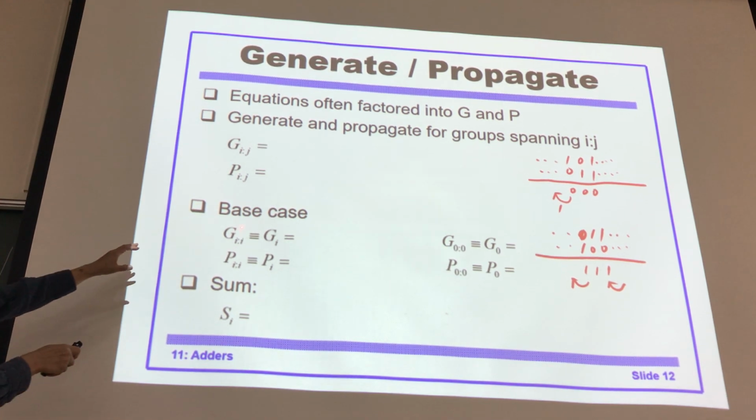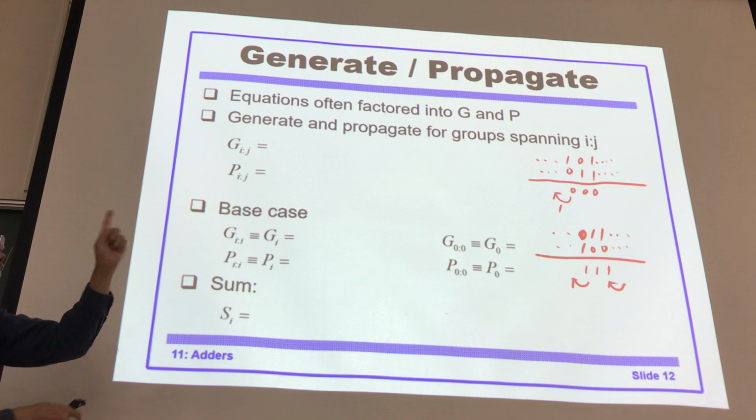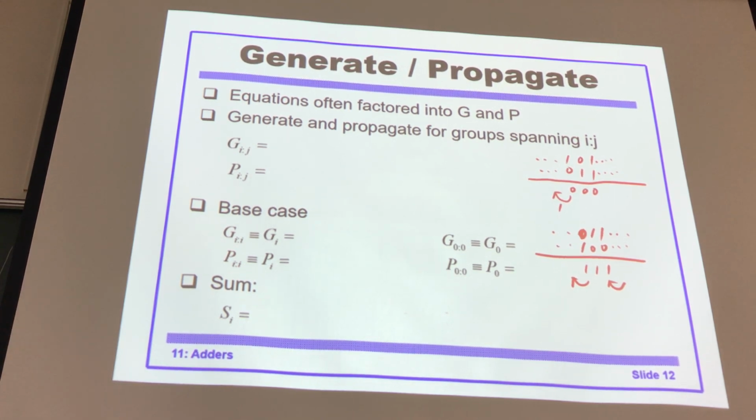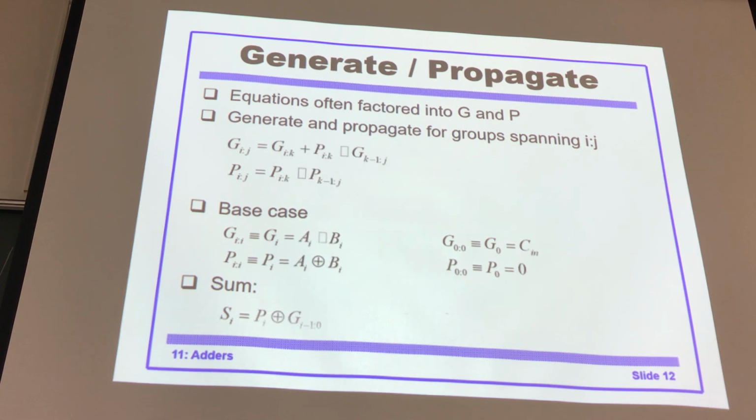So carry generate I to I, only 1 bit, P I bit position, that will be the same as the previous one. Just A and B, carry generate, A equals A and B. Carry propagate, just the same as from the previous page.